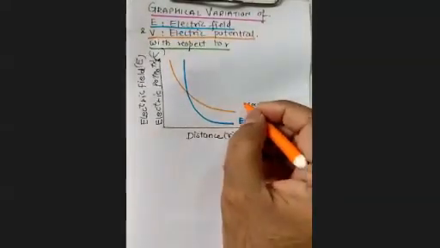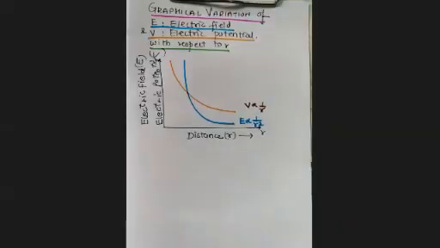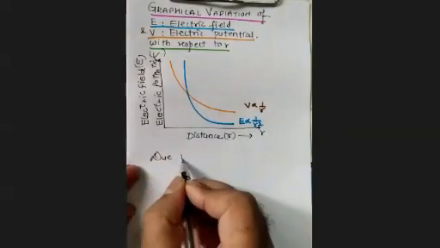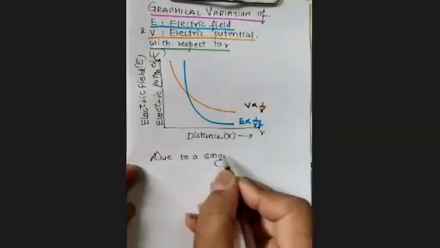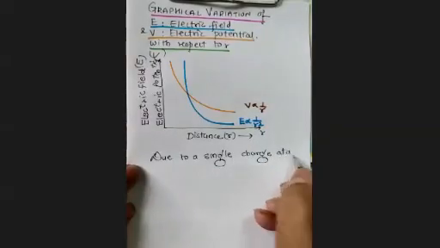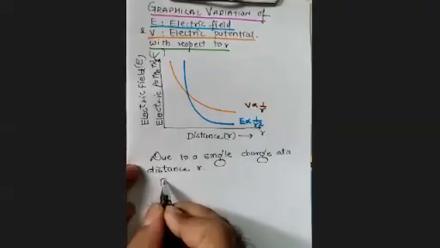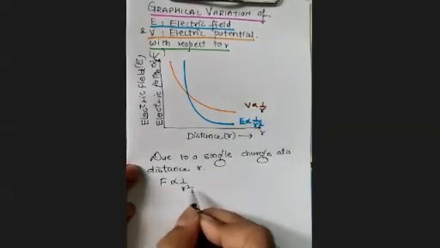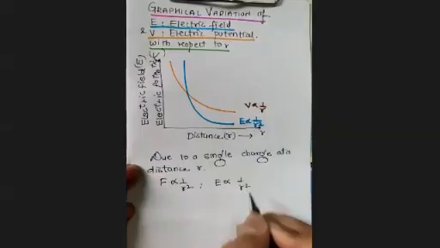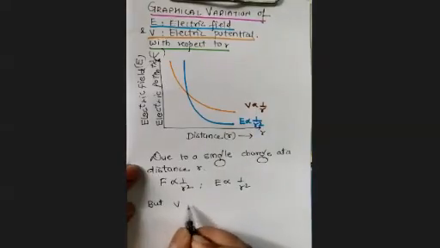Here V is proportional to 1 upon R. So ये ग्राफ आ रहा है due to a single charge at a distance R, force is proportional to 1 upon R square. So therefore electric field intensity is also proportional to 1 upon R square. But electric potential is proportional to 1 upon R.